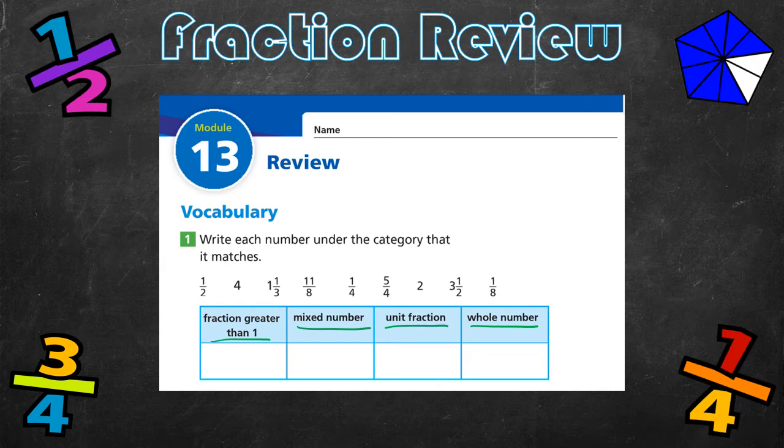So let's take a look at our choices. We'll start with 1/2. Since there's a 1 in the numerator, I know that 1/2 is a unit fraction. It talks about just 1 part out of the whole.